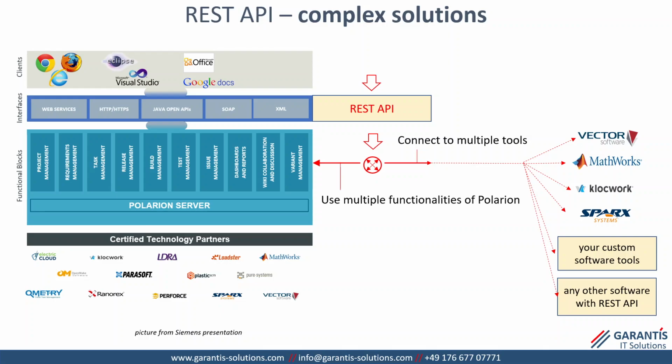And from those applications, if we move to the left side, we can use multiple functionalities of Polarion, those which are displayed in the blue color in the central part of the picture.